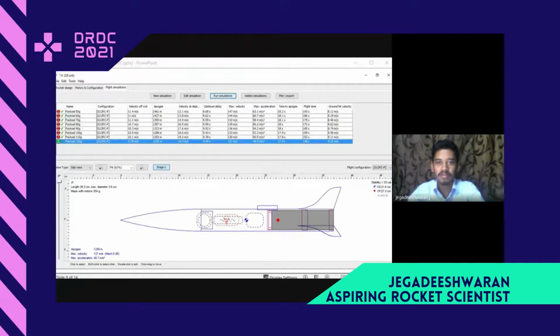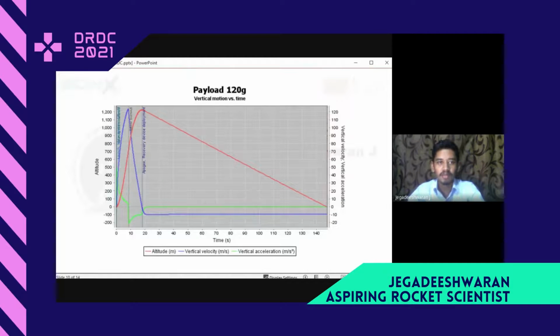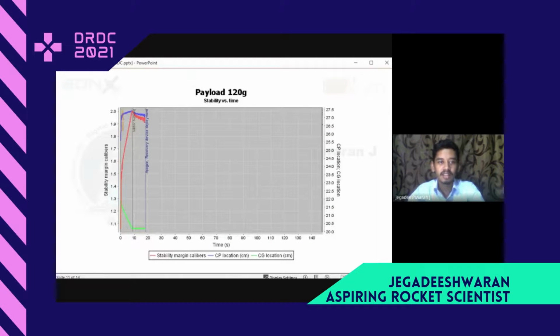This is the flight profile with respect to time, which is very self-explanatory, and this is the stability time graph. We can see that the CP and CG are far enough apart, and the CP is aft of CG throughout the flight time, and the stability margin is high, around 1.9 to 2 caliber during the flight.